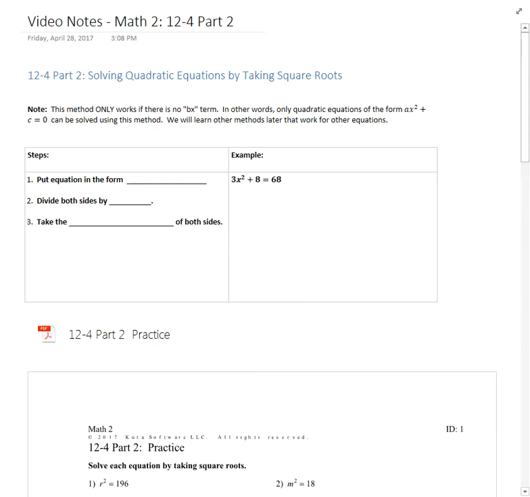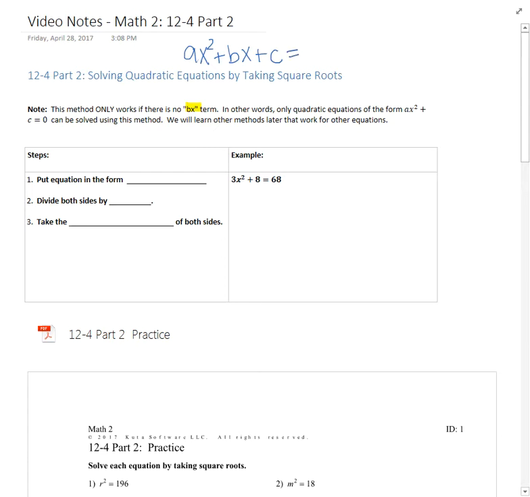Alright, first of all, this method that we're about to use is only going to work if there is no bx term, which is the term that's in the middle. We've been talking a lot about standard form. ax squared plus bx plus c is the standard representation of a quadratic.